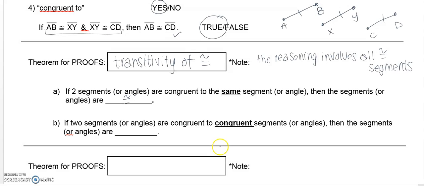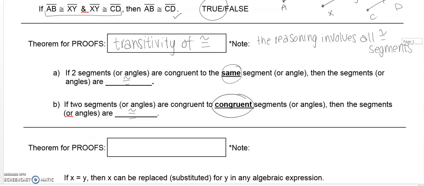If two segments or angles are congruent to congruent segments, then the segments or angles are congruent. So again, the only variation between these two is same and congruent. So this is more like your chain rule, right? Connecting two or more congruent segments or angles together. The same is just like a two connection chain rule.